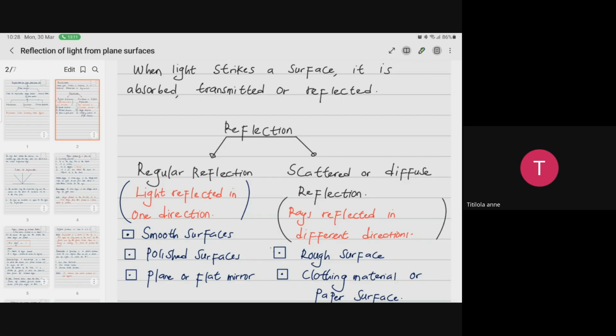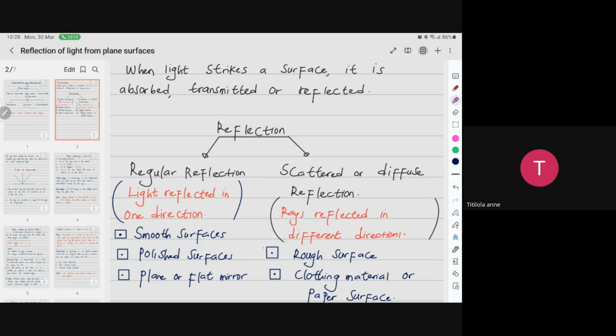Scattered or diffuse reflection is where the rays are reflected in different directions, and that happens with a rough surface. Examples are clothing material or a paper surface.